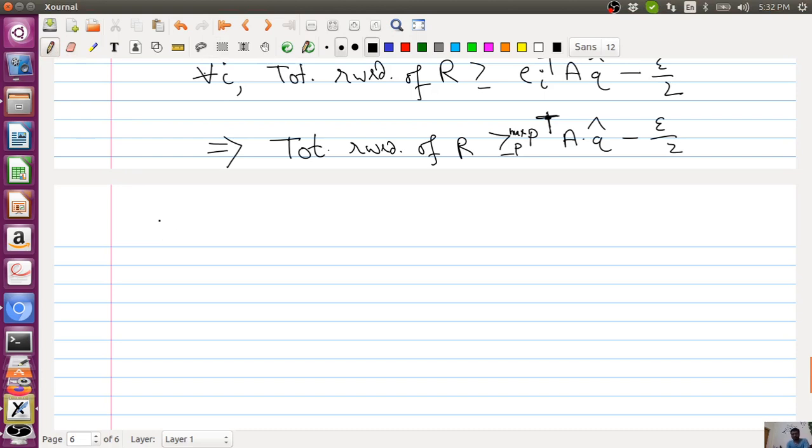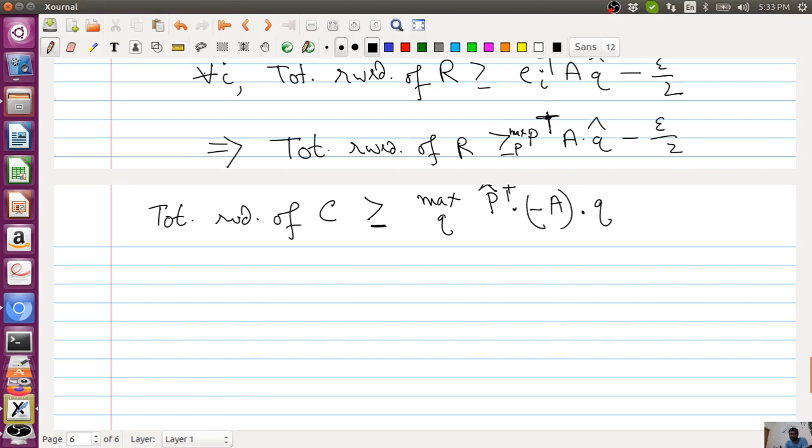Now by an analogous argument, if you run the same argument on the column player, you will get that the total reward of C is at least max over Q of P hat transpose times the payoff matrix of the column player, which is minus A, times Q, minus epsilon over 2, where P hat is defined analogous to Q hat.